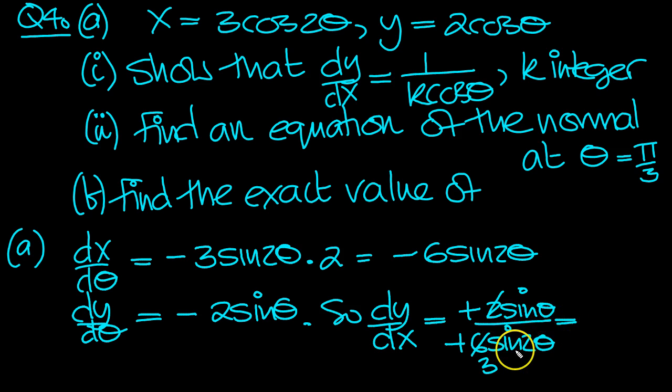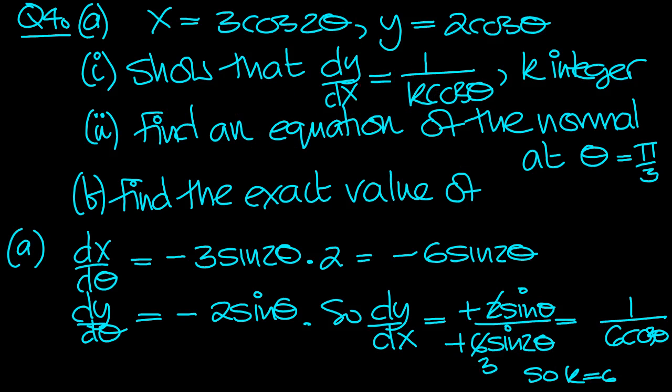And then sine 2 theta is 2 sine theta cos theta, so this is 6 sine theta cos theta. So the sines cancel to leave 6 cos theta, 1 over. You can write another step in there if you wish: 1 over 6 cos theta. So k is equal to 6. So there's the first problem done, part 1.